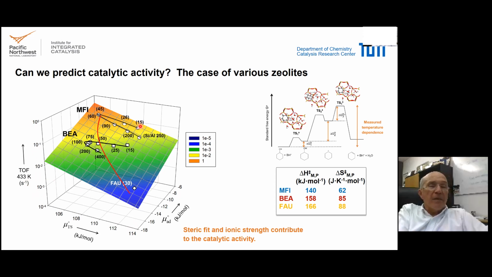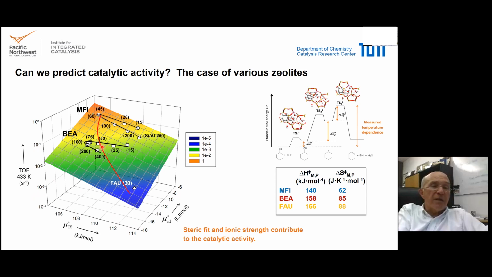And you note that for each of the materials such a maximum exists. This is for MFI. This is the maximum for beta. We haven't done this for phosphate at this point.